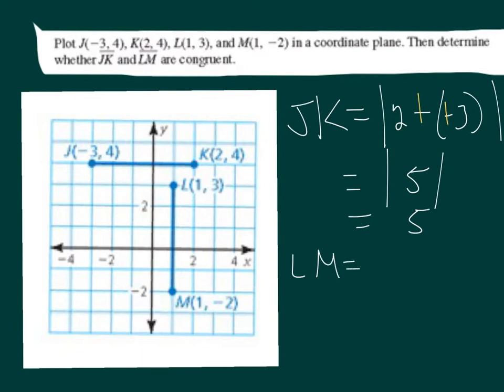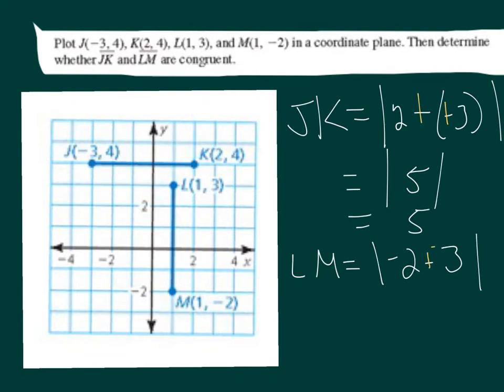Now I can do the same thing with LM. If we look at LM, I want to use the y values this time. So for this one, when you go up and down, you want to use the y values. So you want to say -2 minus 3. Still want to use the concept of add the opposite. So it's -2 plus -3.